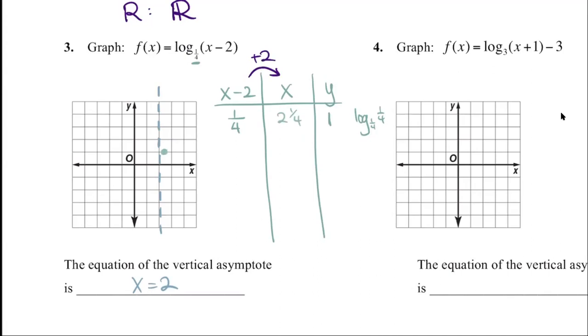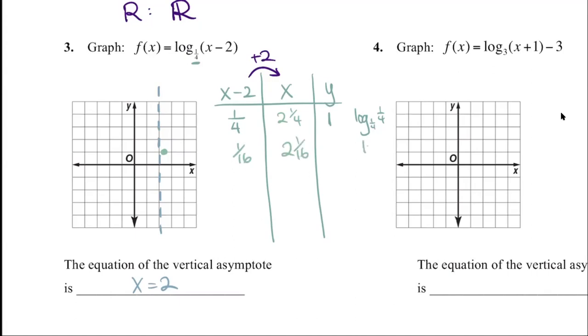All right, great. Let's go ahead and do another one. Let's go to Angie. Angie, what's another nice number to plug in for x minus 2? 1/16. Oh, yeah, sure. 1/16. Okay, so then what does x have to be then? 2 and 1/16.